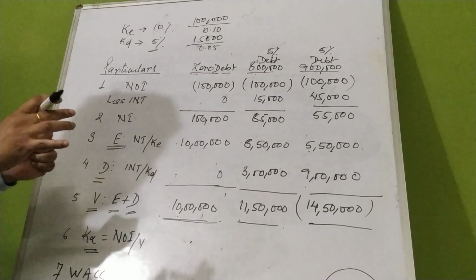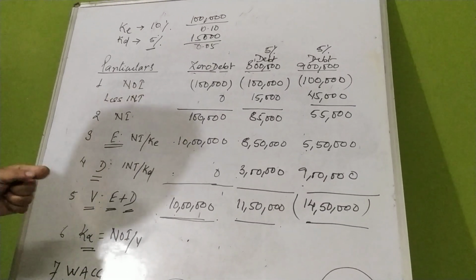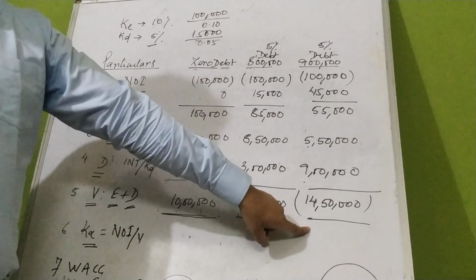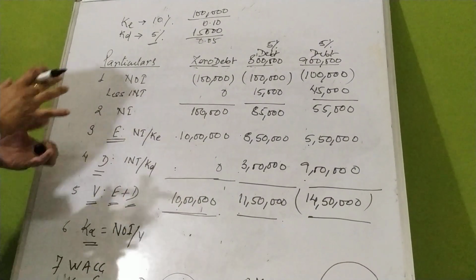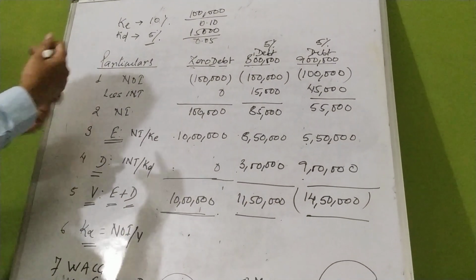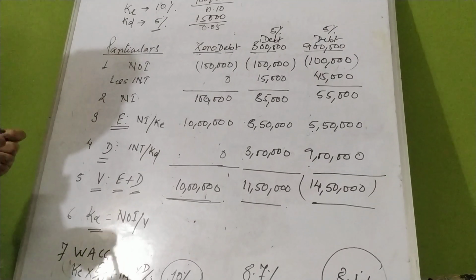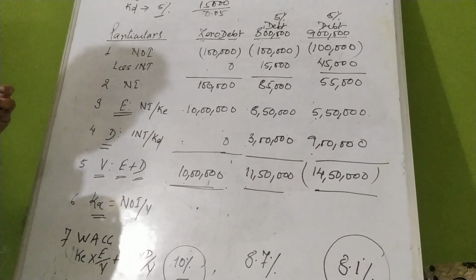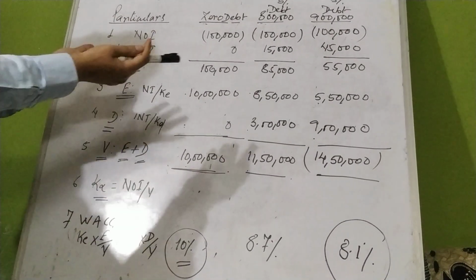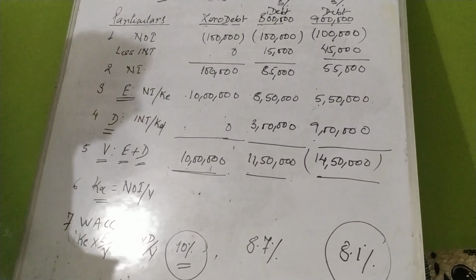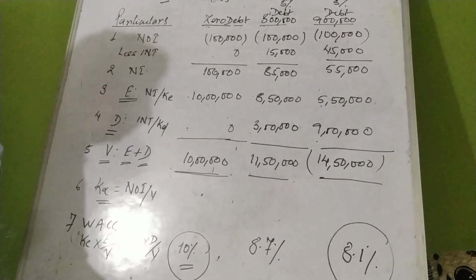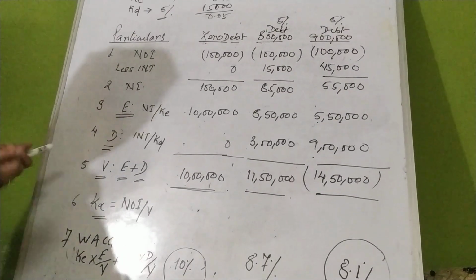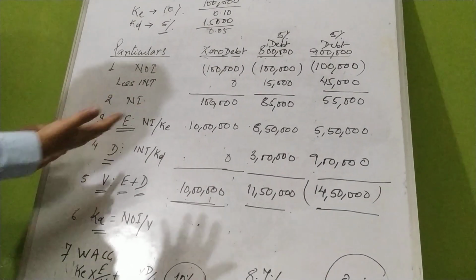A firm whose cost of capital is low, its value will be high. So this is how you will use this formula and calculate the values, and of course this represents that when more debt is used in the capital structure, the value of firm increases.